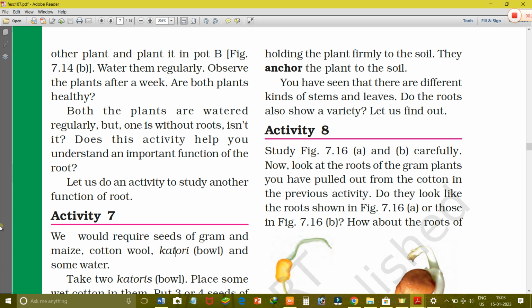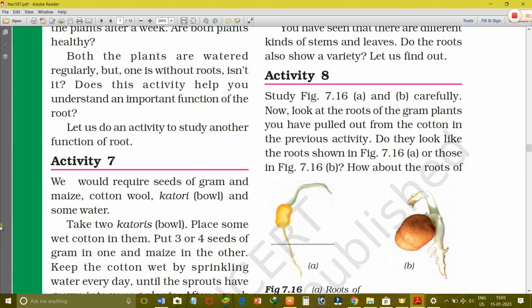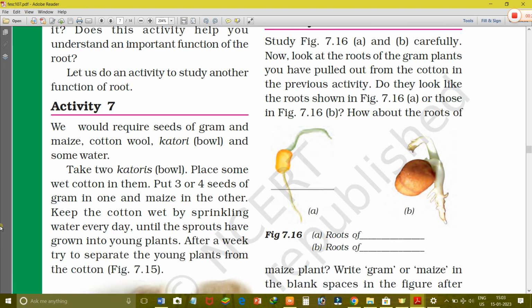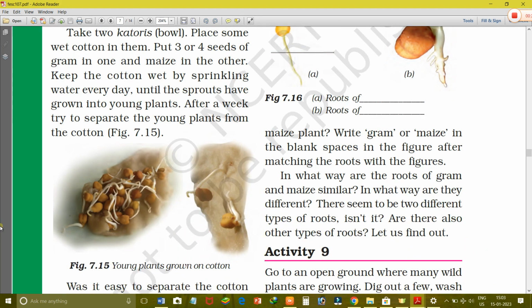or those in the other figure? How about the roots of the maize plant? Write gram or maize in the blank spaces in the figure.